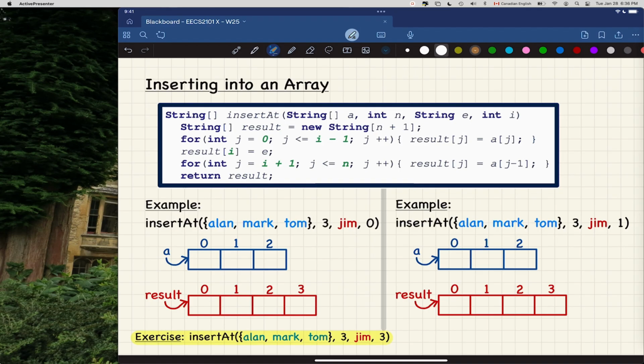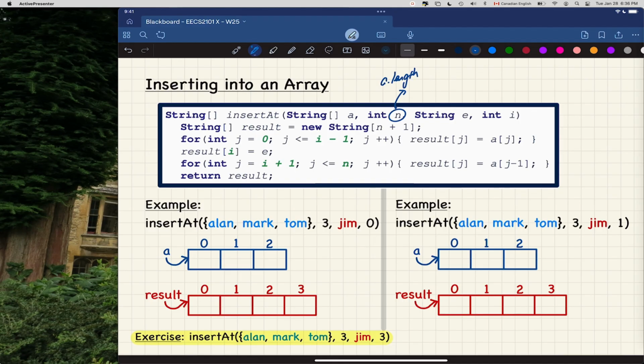All right, so here we have insertAt. This is the method we are analyzing. It takes one input array and returns another array. Takes an array as input, returns an array as output. So this n here will be the size of A, just our convention, for easy analysis of the runtime. So this will be A.length.